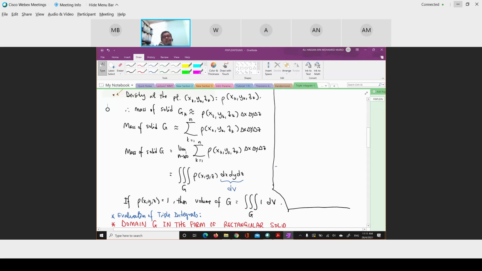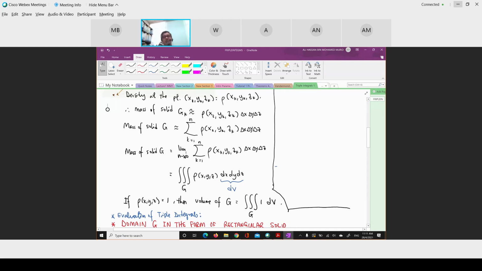Rectangular solid, all the bounds for x, y, z are numbers. So if you have a domain G with bounds for x, y, z that are numbers, then that is a rectangular solid.